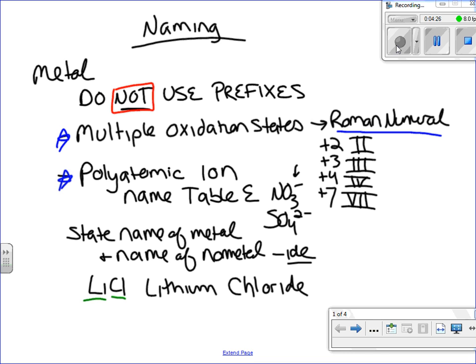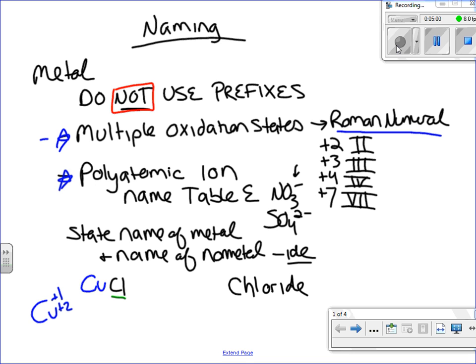However, let's say that metal has multiple oxidation states. So I'm not going to make it lithium anymore. I'm going to change it to copper, Cu. Now I have CuCl, and I need to know what the name of that is. I still only have 2 elements, so I don't have a polyatomic ion, but I do have multiple oxidation states because copper can come in as +1 or +2.